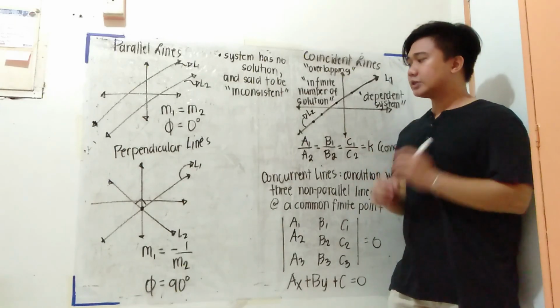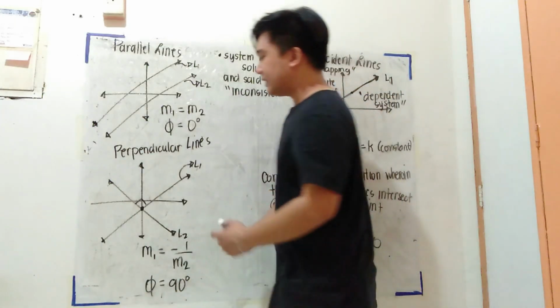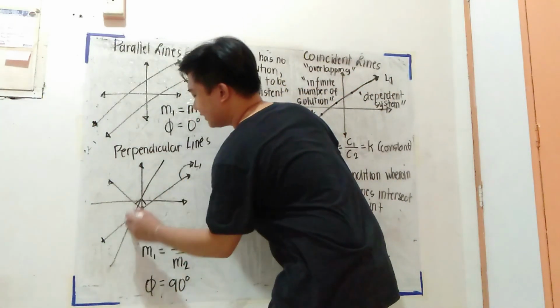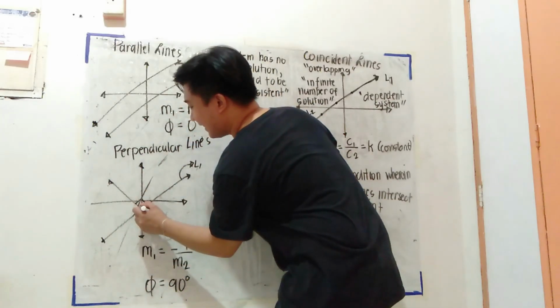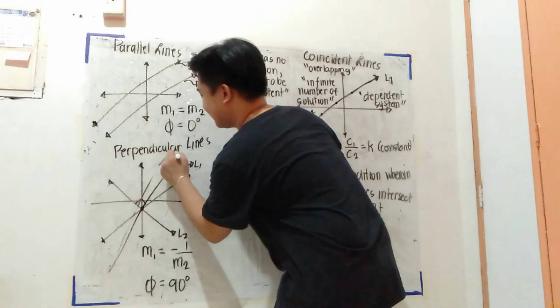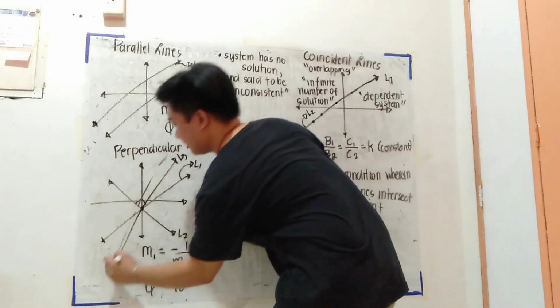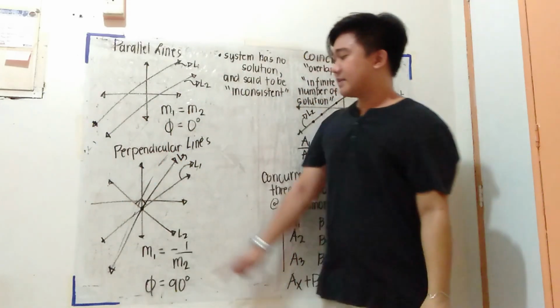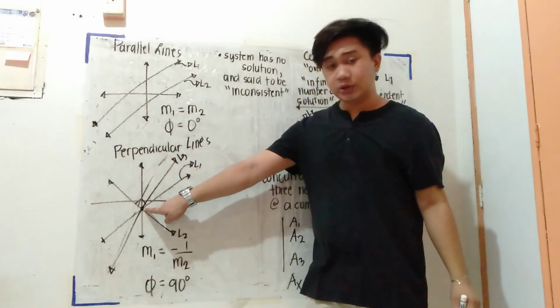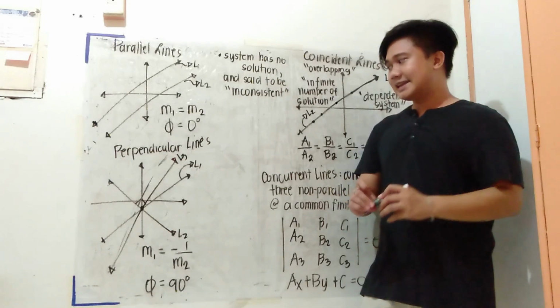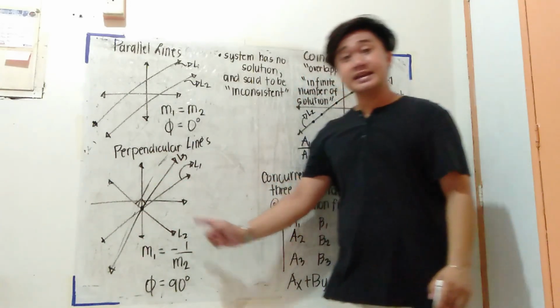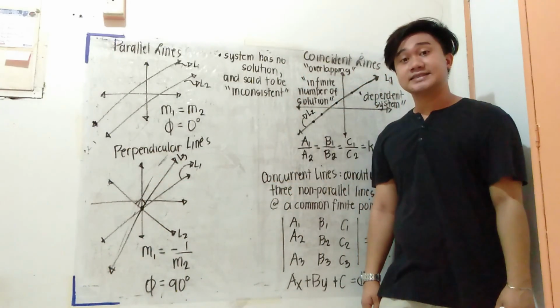So, meron kang tatlong linya, let's say line 1, line 2, and line 3. Malinaw na sa drawing, nag-intersect sila at a common point. So, kapag ganyan, ang tawag natin dyan ay concurrent lines.